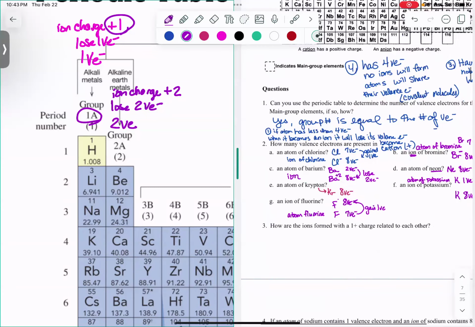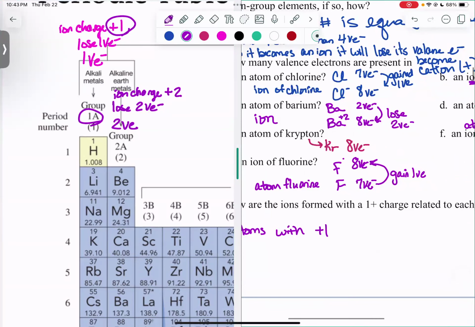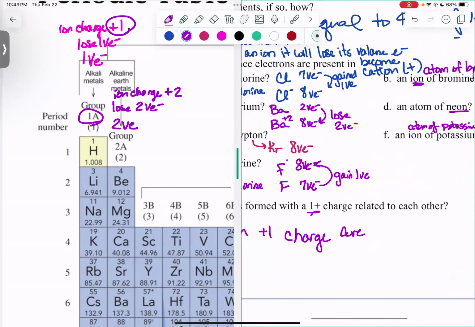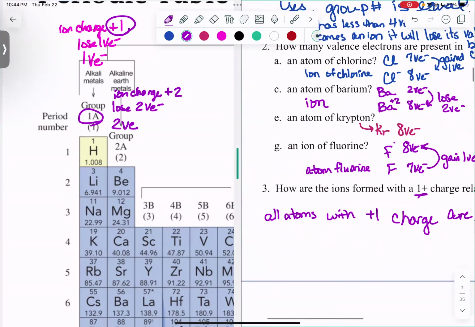So all atoms with a +1 charge, or a 1+ charge, whichever way you want to say it, are found in group 1A, right? All of them also have 1 valence electron, and they're not really happy with it, right?